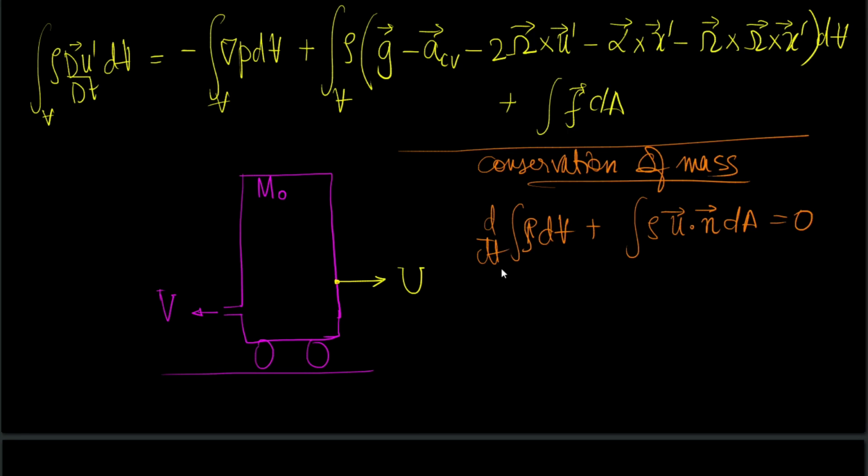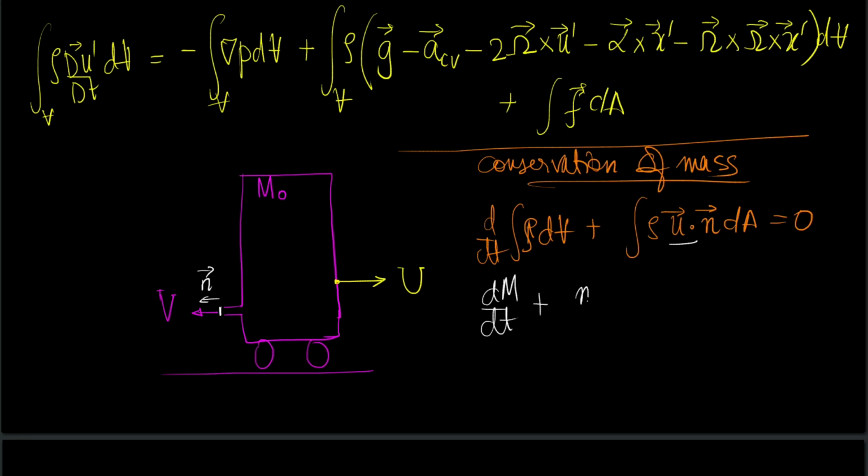So then what do we have? This is going to be dm/dt, and what is this term going to be? It's going to be whatever is exiting. So u dot n is going to be positive because the n vector to this exhaust area is also in this direction.